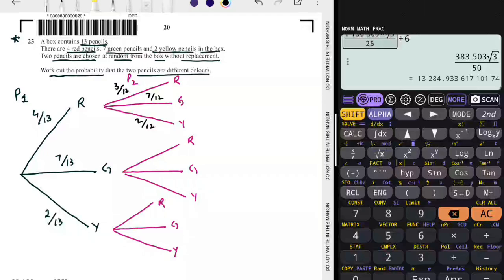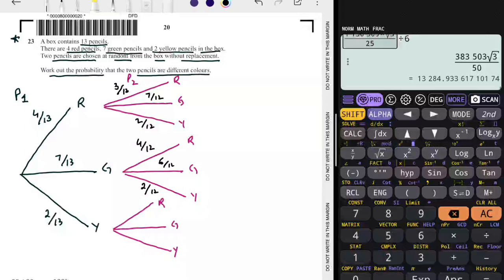For the next branch, we are going to put back the red pencil in the bag. So red would be 4 by 12. Now we have to take out one green pencil from the bag. So it will be 6 by 12 and yellow will not be changed. So 2 by 12 would be the probability of yellow.